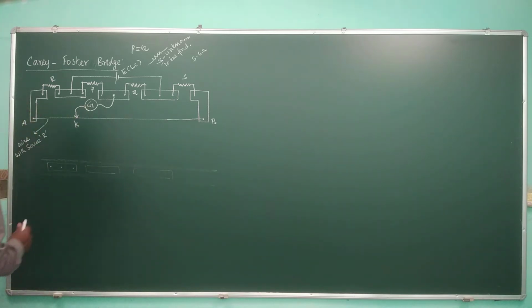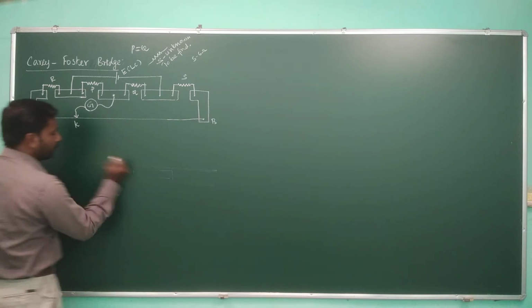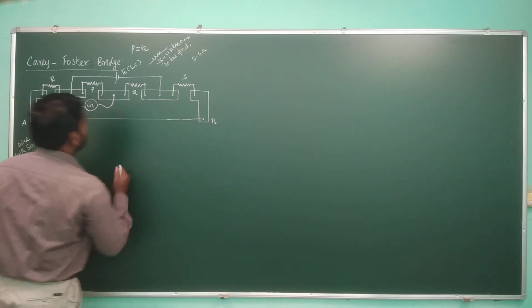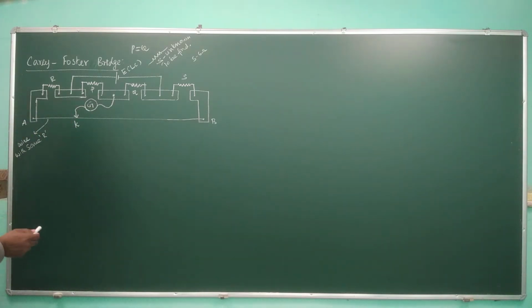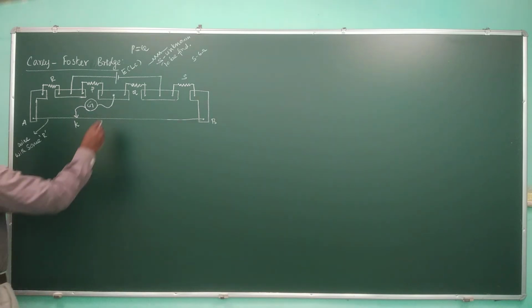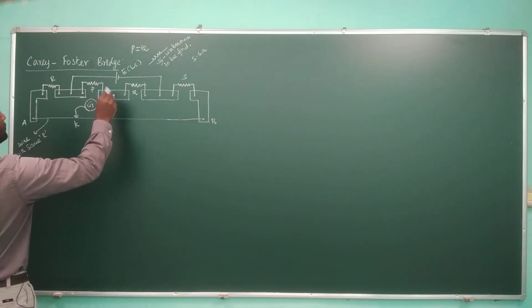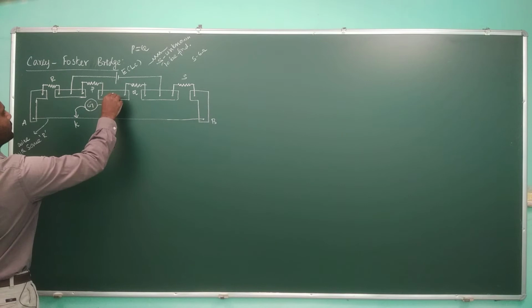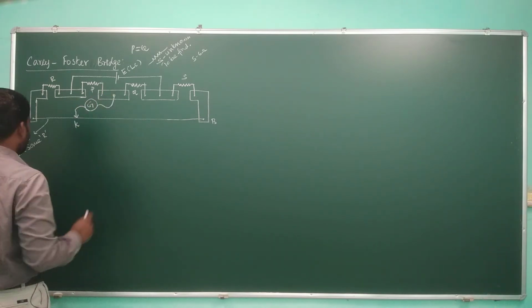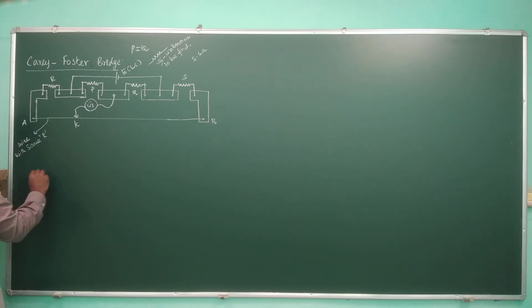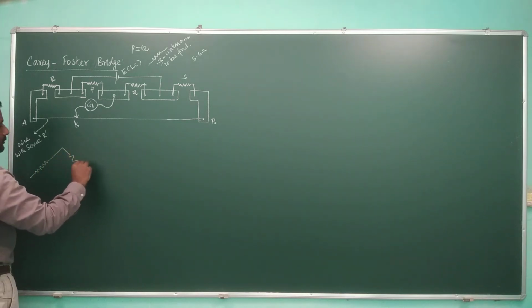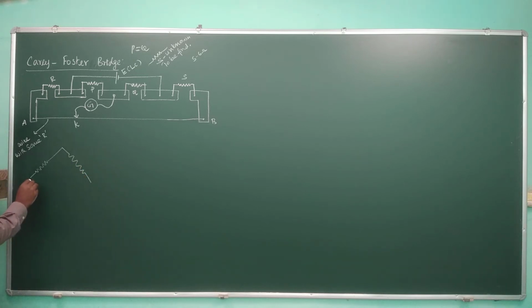Okay, fine. Now, how is this similar to a Wheatstone bridge? That you might have to understand. Starting from this point, how will the Wheatstone bridge look? Let us draw the diagram of the Wheatstone bridge so that you will get an idea.